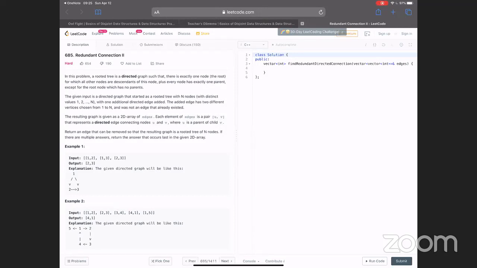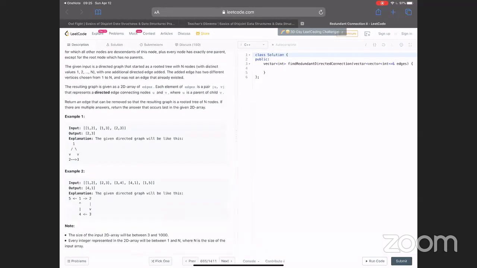And we have to find out that 1 to 2 and 1 to 3 already make all vertices connected. 2 to 3 is redundant basically. Whether I have 2 to 3 or not, it doesn't matter. Without that, all are connected.